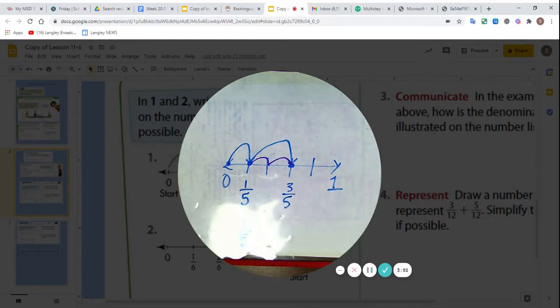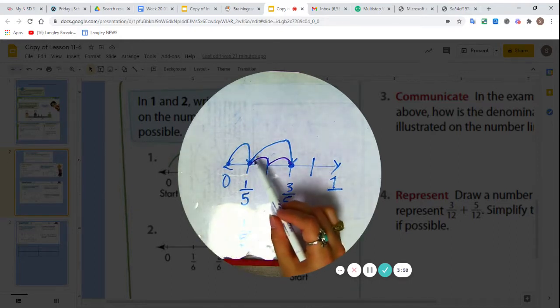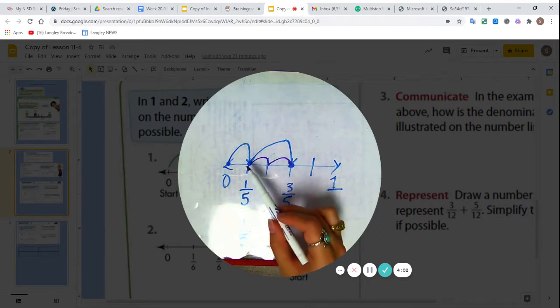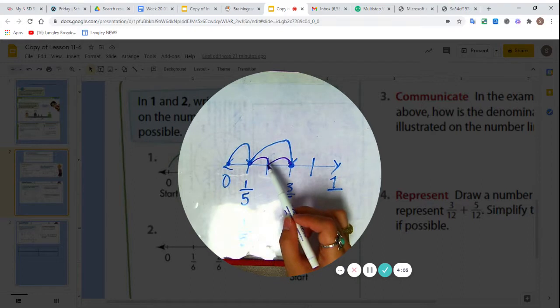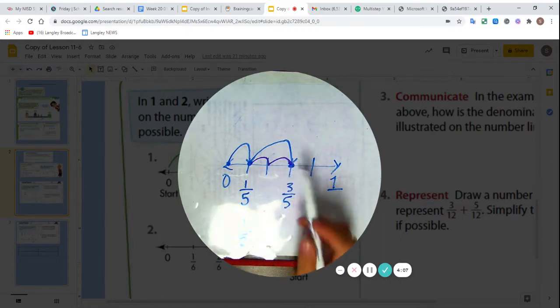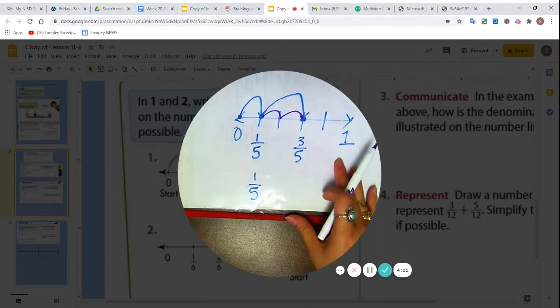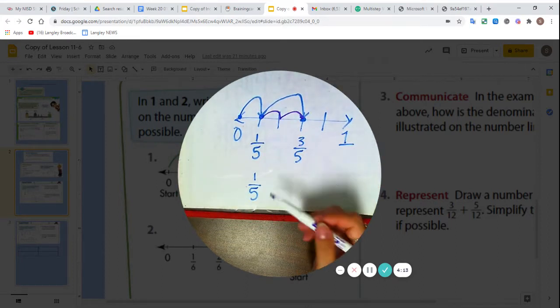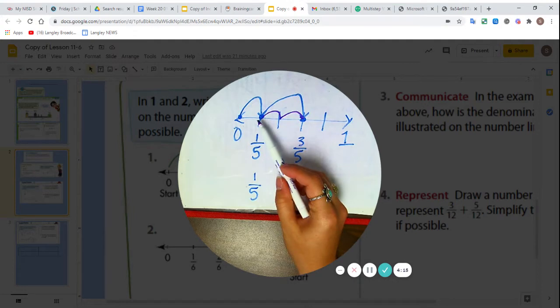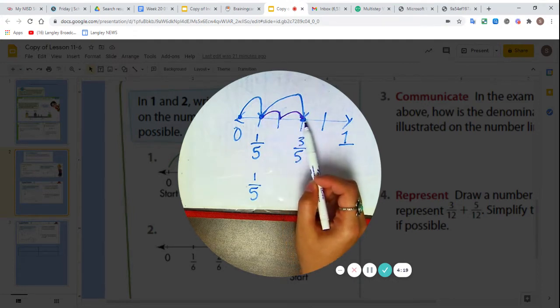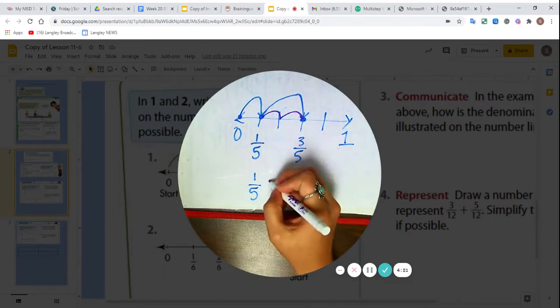What equation could we write? We know they got to 1/5 and they moved how many spaces? 1, 2. So how many did they add to the 1/5? This is where we started, and we moved 1, 2. So good.